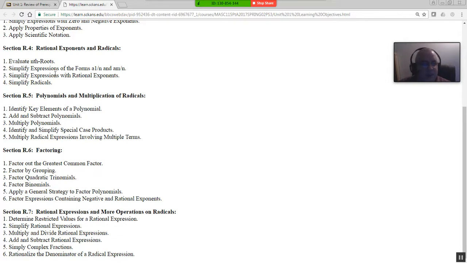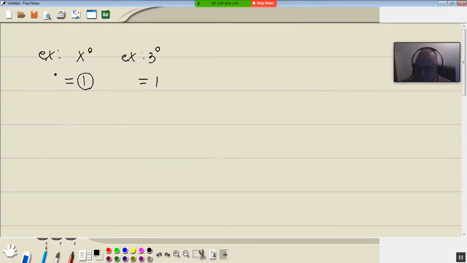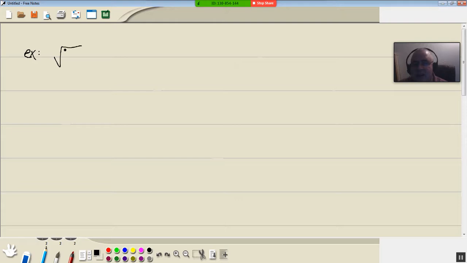And number 1 says evaluate nth roots. Well, we have done that already. But just to refresh your memory of what we were talking about. Nth roots is like the 4th root of 16. If I did a prime factorization of 16, I'd have 2 times 2 times 2 times 2.